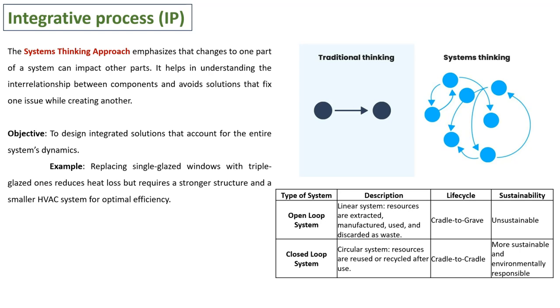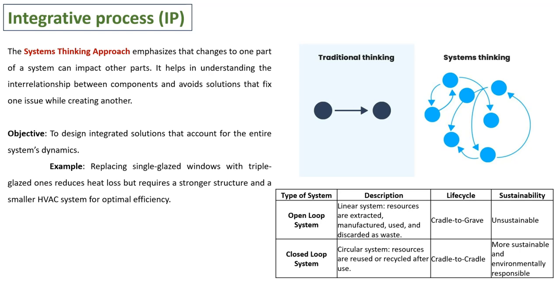It emphasizes that changes to one part of a system can impact the other parts. That's what I said. So you choose a paint and you decide to purchase furniture, they are integrated, right? It's not a separate act of different tasks. It helps in understanding the interrelationship between components and avoid solutions that fix one issue while creating another.